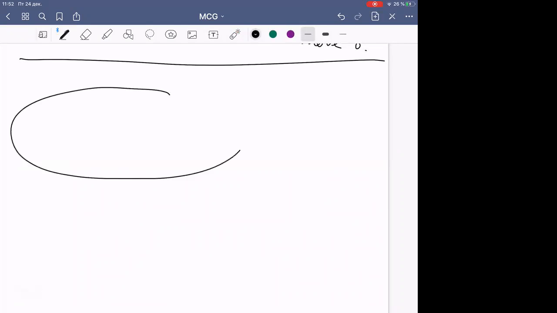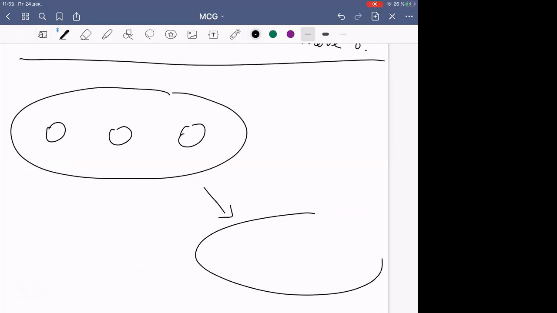First of all, I claim that we can get rid of those components. So here I have this pants decomposition.